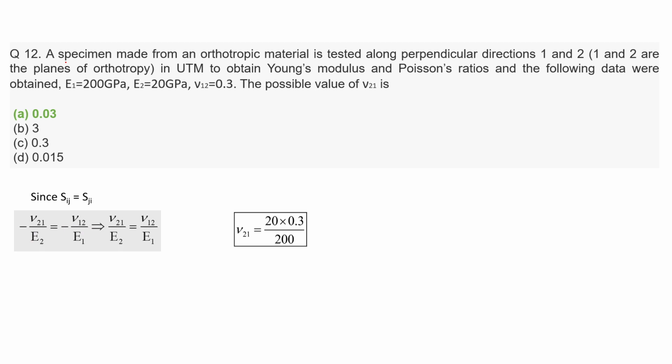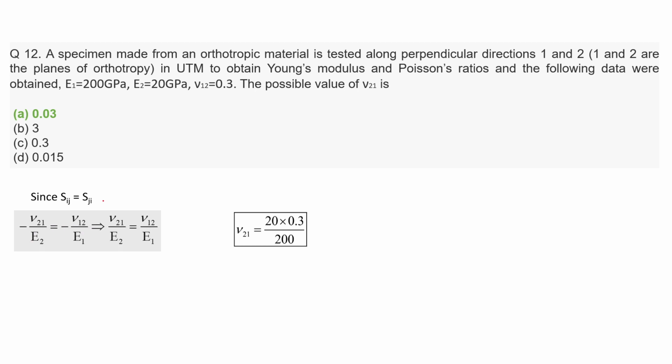The last question is: a specimen made from an orthotropic material is tested along perpendicular directions 1 and 2 in a UTM to obtain Young's modulus and Poisson ratio, and the following data were obtained. E1 equal to 200 gigapascal, E2 equal to 20 gigapascal, mu12 equal to 0.3. We have to find the possible value of mu21.